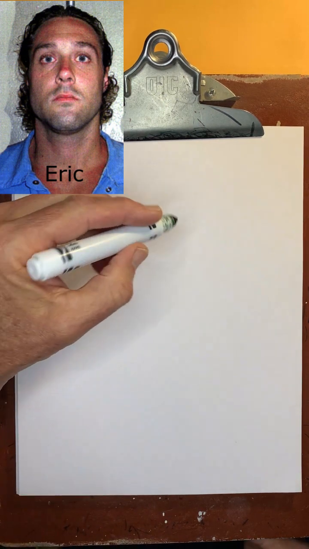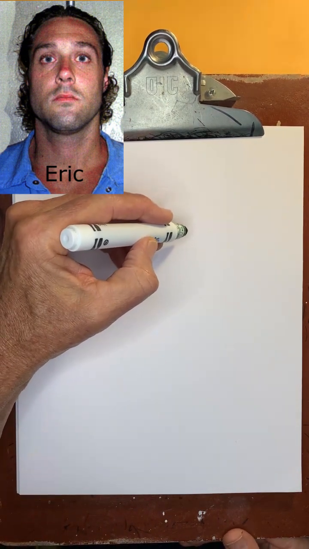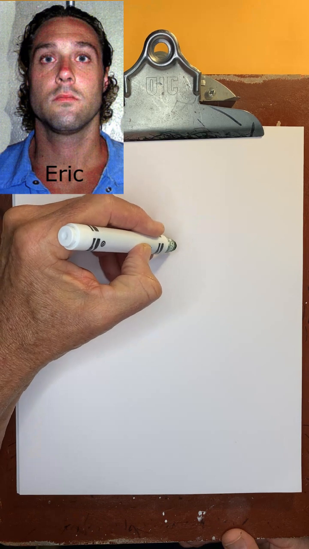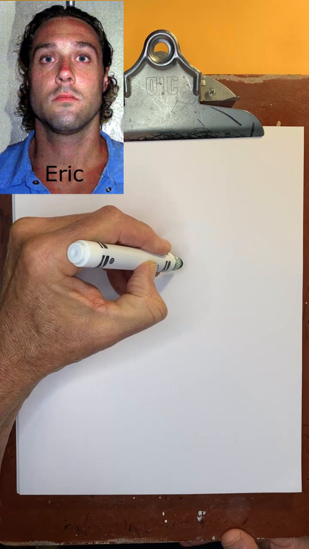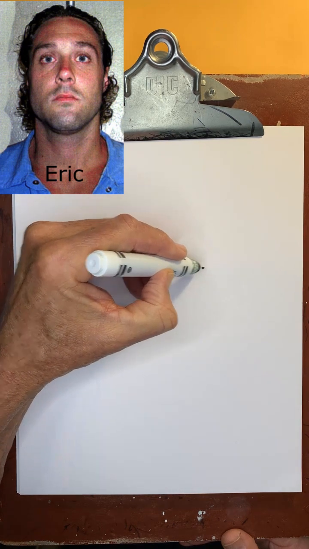Okay, I like to start from the inside and work out. I usually start with the eyes. And Eric's got these kind of beady little eyes.